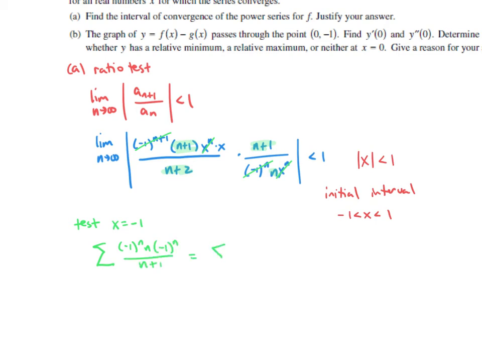And this could simplify to simply n divided by n plus 1. And that is divergent by the nth term test. And the nth term test simply says that if the limit is not equal to 0, then it's divergent. And this particular limit is equal to 1, so that's divergent.